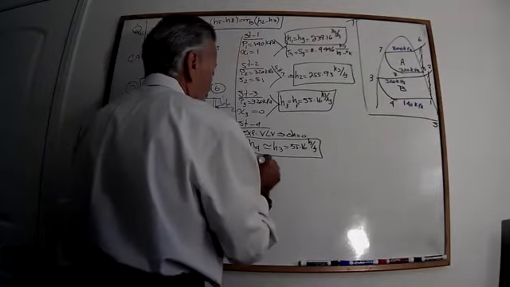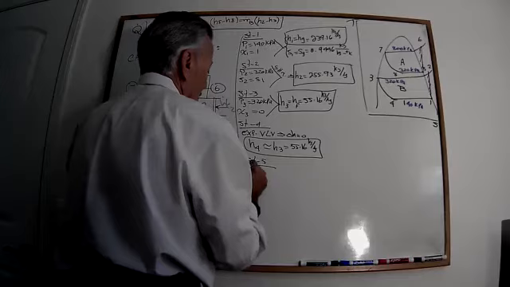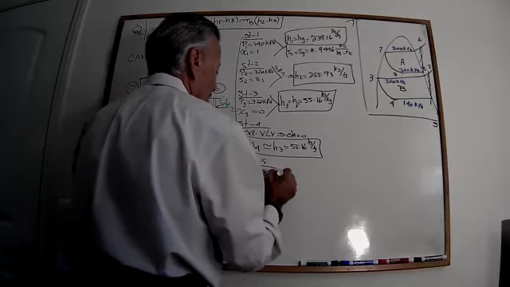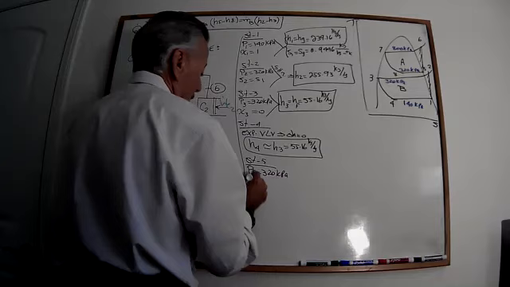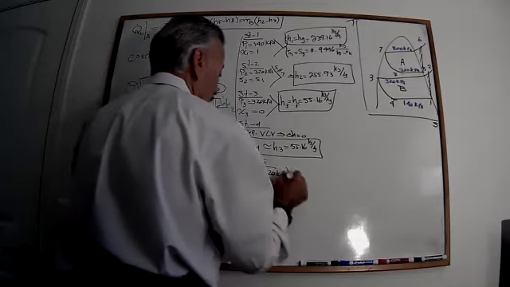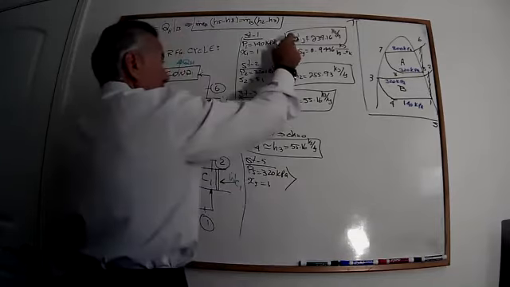At state 5, again, I have P5 equal to 320 kilopascal, and then I have X5 equal to 1. Same thing here.